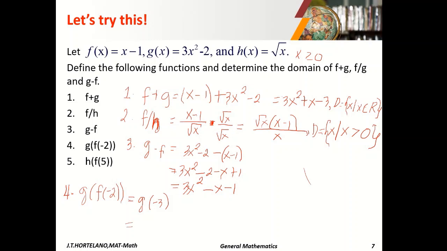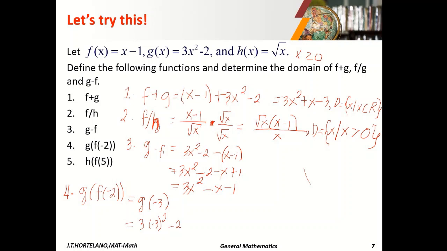Then, what is g of negative 3? Now, use the function g, 3x squared minus 2. So, this will become 3 times negative 3 squared minus 2. Okay? Now, simplify. That's negative 3 squared is 9 times 3, 18.